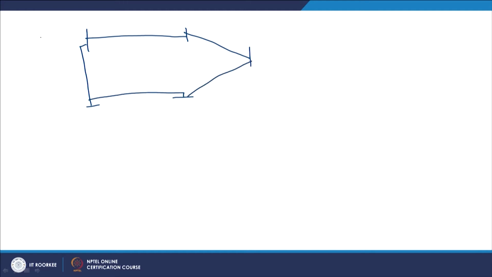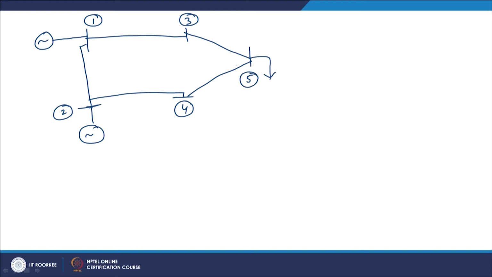Suppose I have a simple 5 bus system, with an arbitrary connection. This is bus 1 and this is bus 2, then 3, 4, 5. At these buses there are loads, and at these buses there are generators.